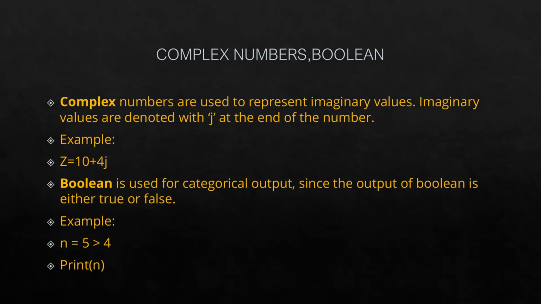Boolean is used to return either true or false, whatever condition you have assigned to your variable, such as n equals 5 greater than 4. Here the condition 5 greater than 4 has become true. So obviously when we print the value of n, it gives the Boolean value true.